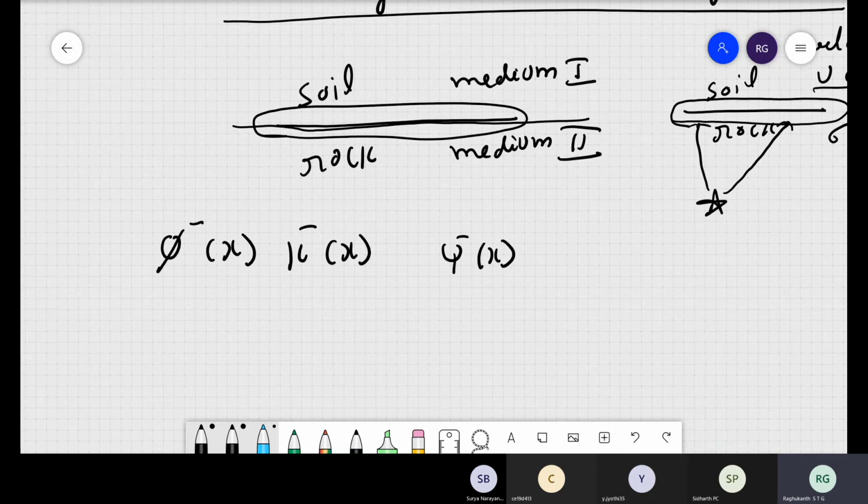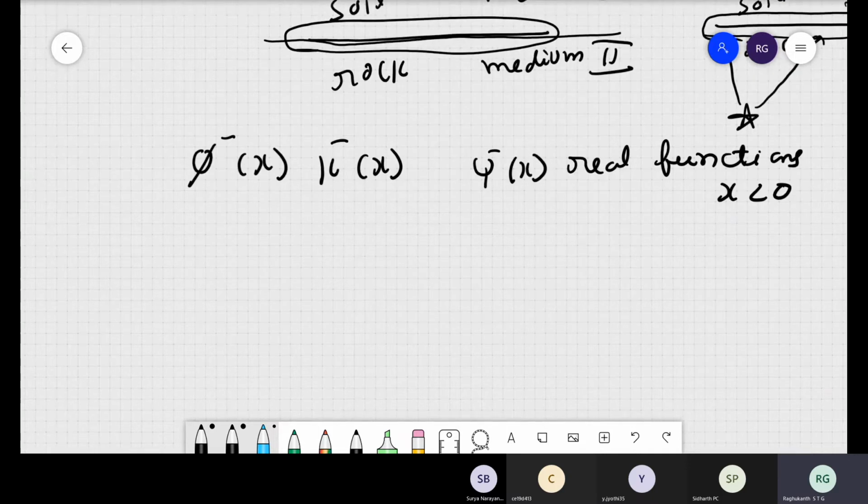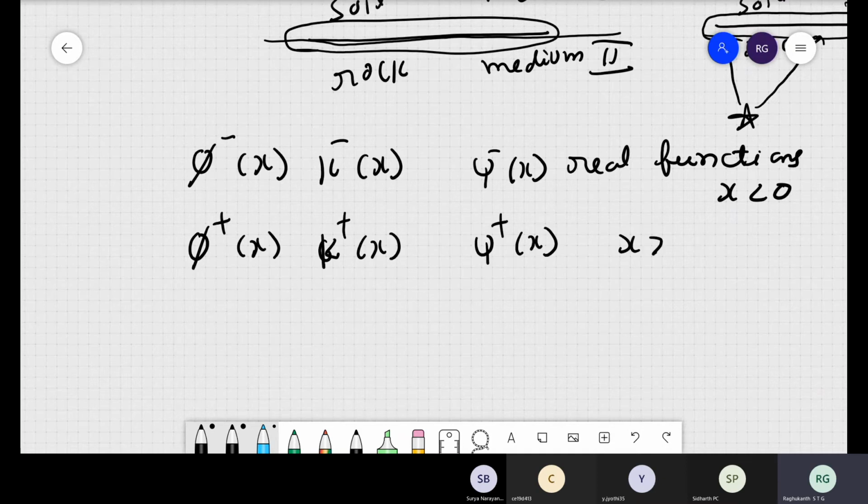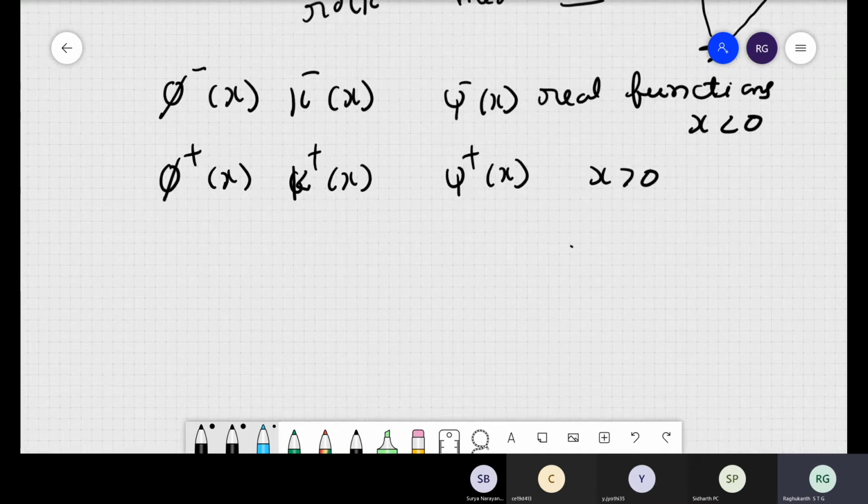These are real functions, at x less than 0. So this is one material. Similarly, we have phi plus of x, k plus of x, and psi plus of x. These are functions for x greater than 0. Two materials, so they meet at a junction at x equal to 0.